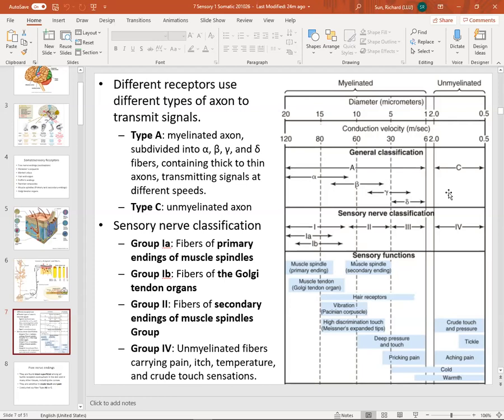In the sensory system though, we can also classify as type 1, type 2, type 3, and type 4. So you can pair these to each other. That is just two different ways to say the same thing, and it really depends on the context, as a different field will say it differently. So that's that.